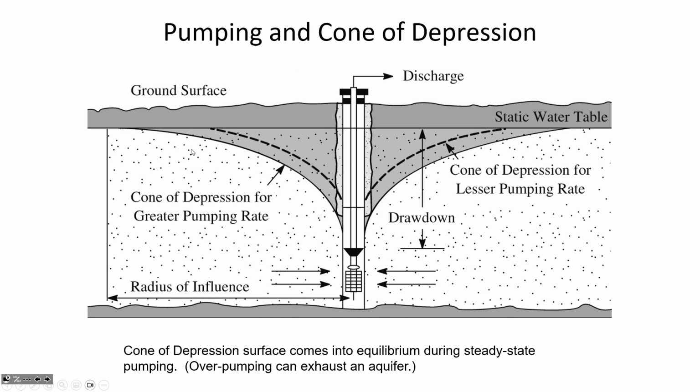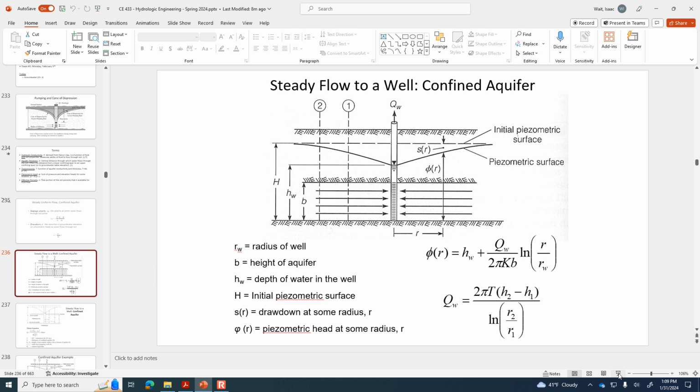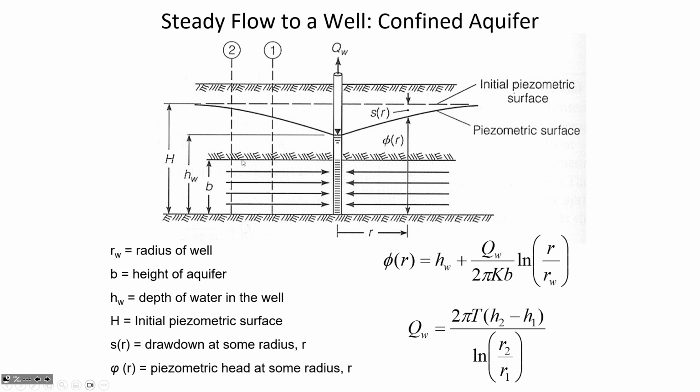This is unconfined. But a confined aquifer is one that has a lid on top of the aquifer. And so this cross-hatching here is representing the fact that we have a clay layer down beneath and then a layer of sandy or gravel or just permeable soil with thickness B. And then there is another confining layer above it.